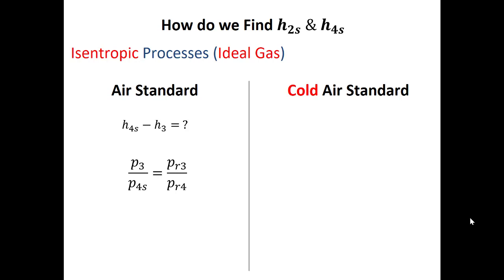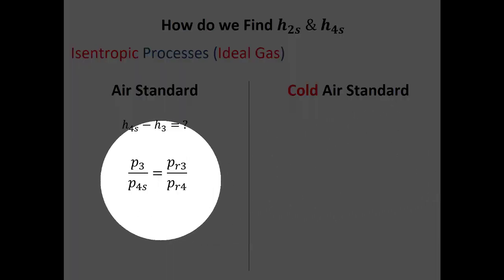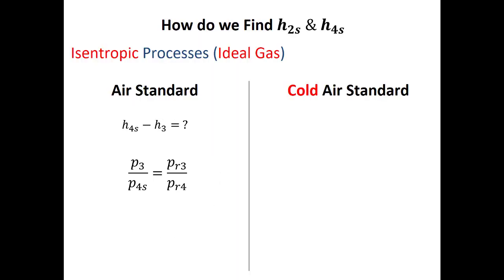I need to use my isentropic relationship for variable specific heat. In this case, I know the compressor pressure ratio, so I use the ratio of pressures is equal to the ratio of reduced pressures. I'm going to use table A22 to find PR4, and then I'm going to interpolate to find H4s and T4s. I get that all from table A22.